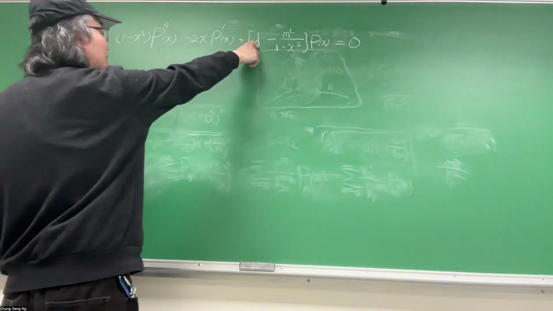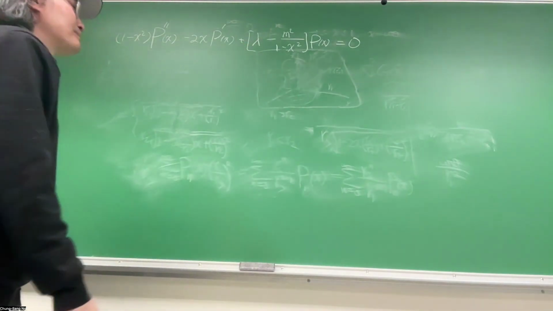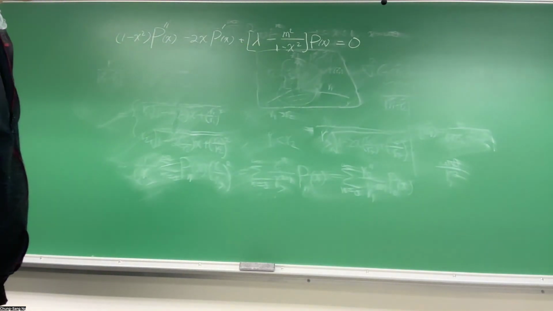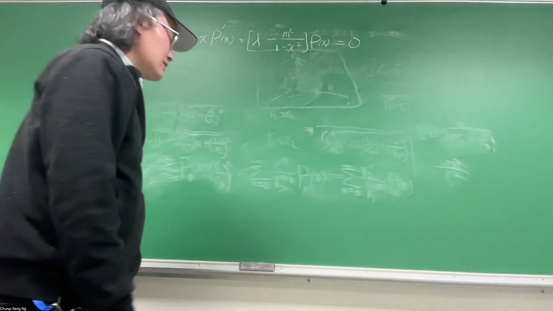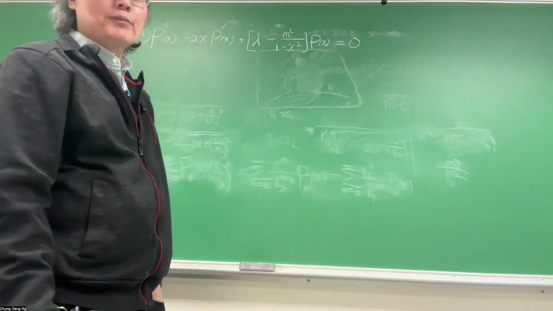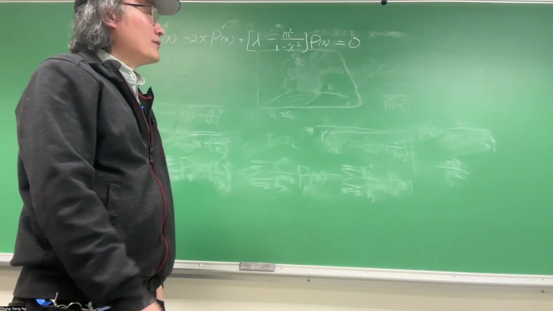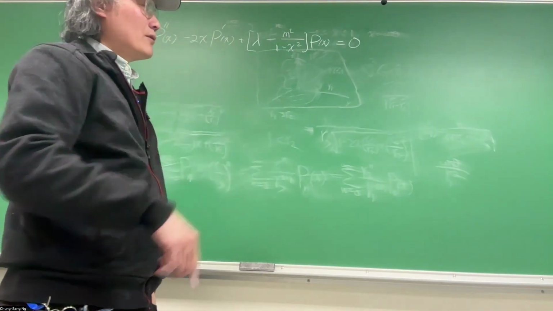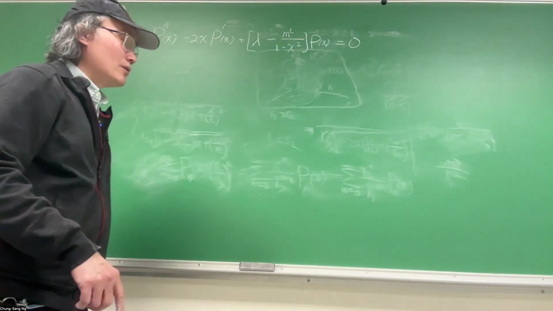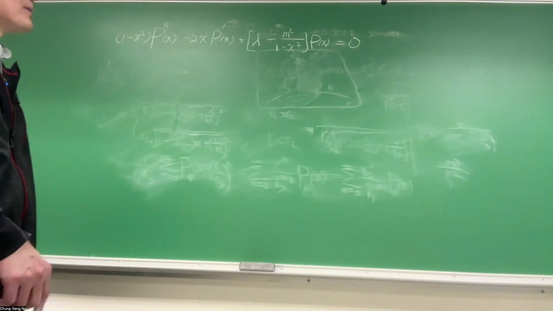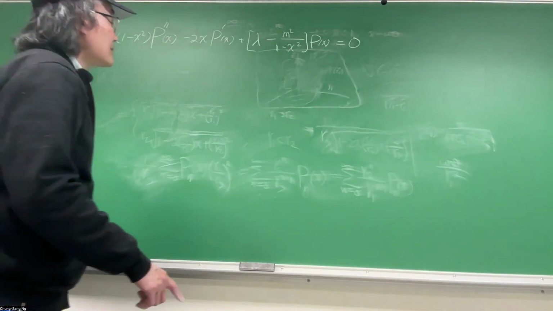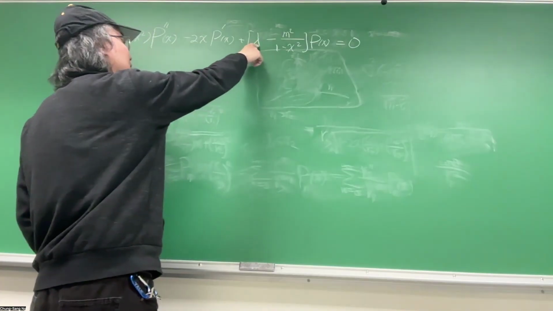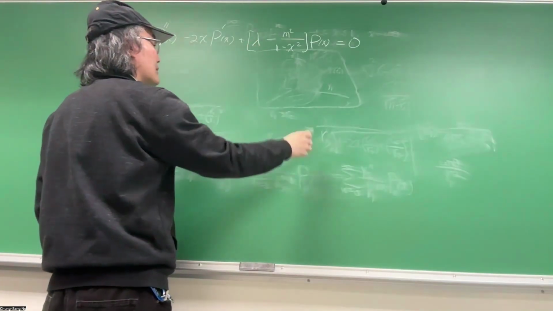And this lambda comes from requiring the solution to be regular, especially on the axis, where theta is 0 or pi, or x equals plus or minus 1. That will fix this lambda to be L times L plus 1.